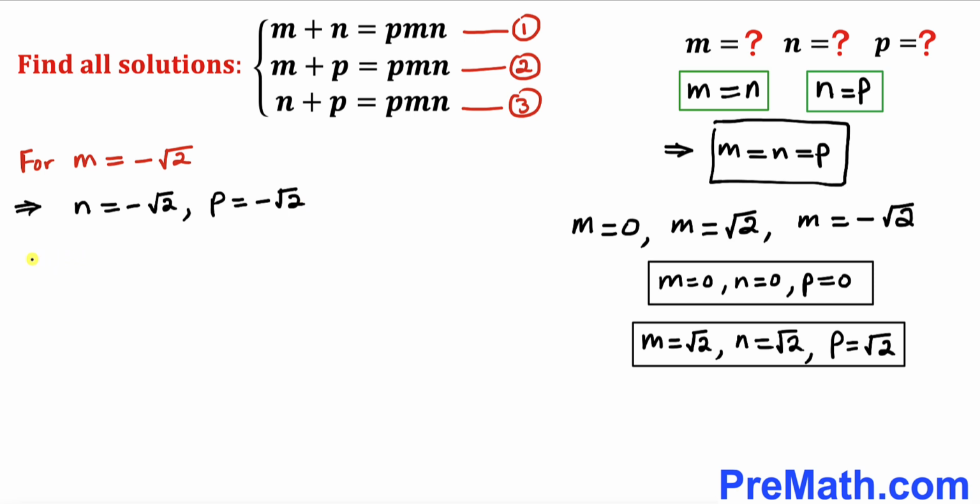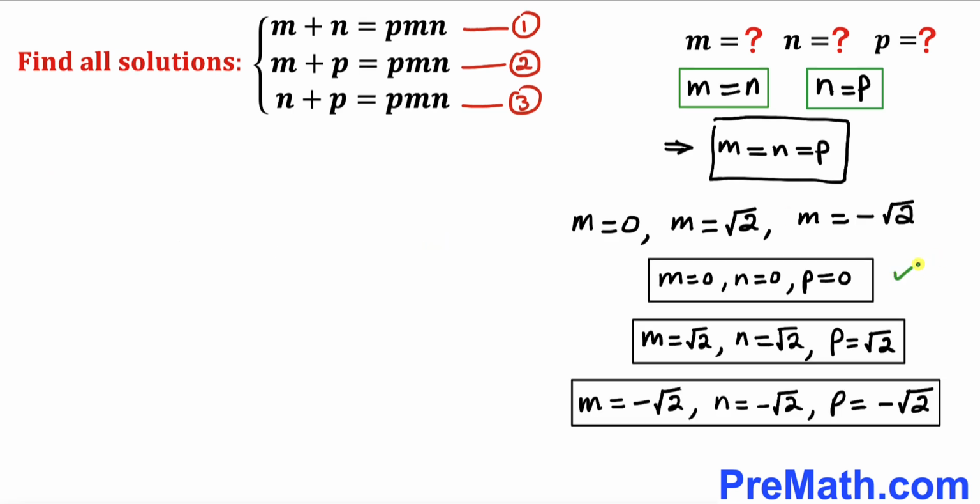So our set of solutions for this case is m equals negative square root of 2, n equals negative square root of 2, and finally p equals negative square root of 2 as well.